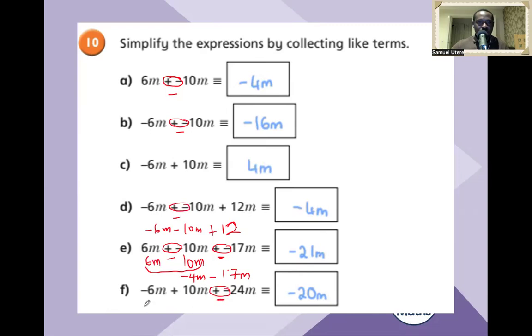Okay, so if we do that, we'll have negative 6m add 10m will give us 4m. So these two give us 4m. Then this is negative 4m subtract 24m. Let's move this out of the way. 4m subtract 24m will give us negative 20m.